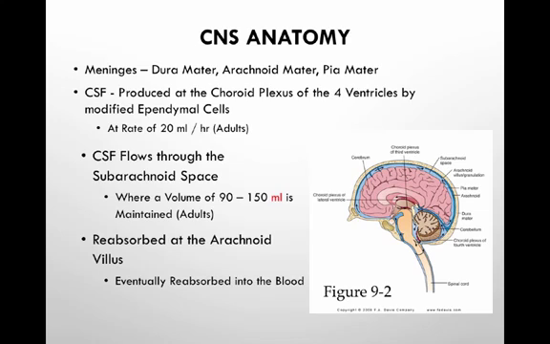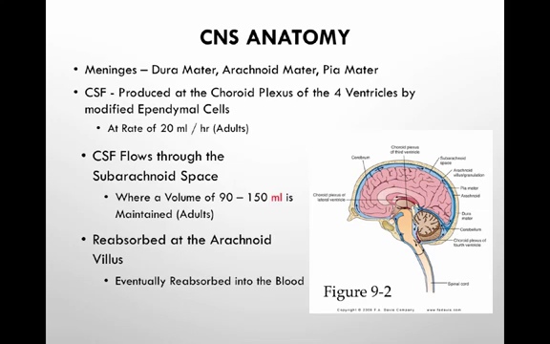Cerebrospinal fluid is produced by a group of cells in the central brain regions called the choroid plexuses, and that cerebrospinal fluid is an ultrafiltrate of blood plasma. We find these choroid plexuses in 4 ventricles in the brain, and the cells that produce it are called ependymal cells.